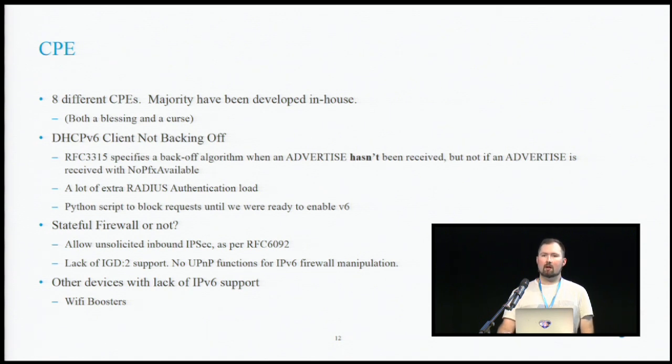We had other issues inside the house. We had other misbehaving devices. Specifically, we sold these layer 2 Wi-Fi boosters. They're kind of special. They're not just a normal layer 2 access point. They did special things, but they broke v6. And they broke it in such a way that end hosts would still get a v6 address, but it would break any actual communication, any connectivity.